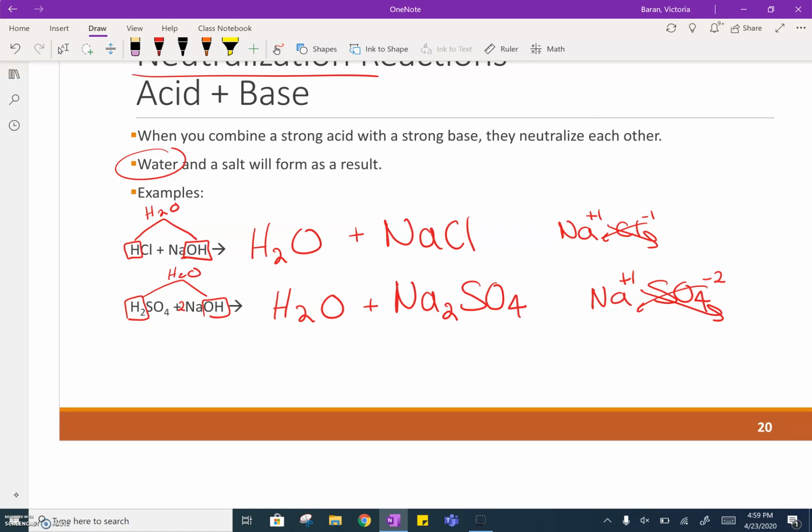And we have 2 hydrogens here. And we have 2 hydrogens here, okay? But we also have to keep in mind we have this hydrogen here, okay? So now we have to keep in mind that we have this 2 in the front here, okay?